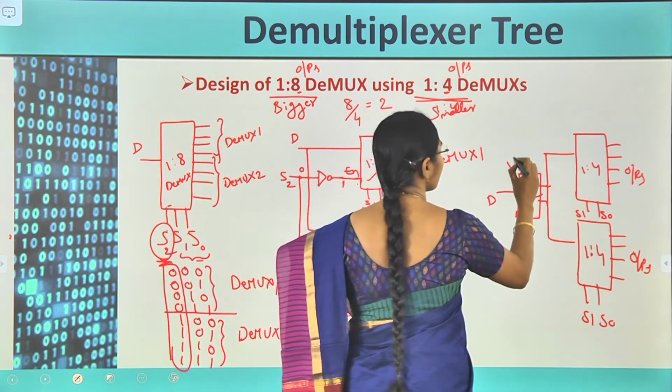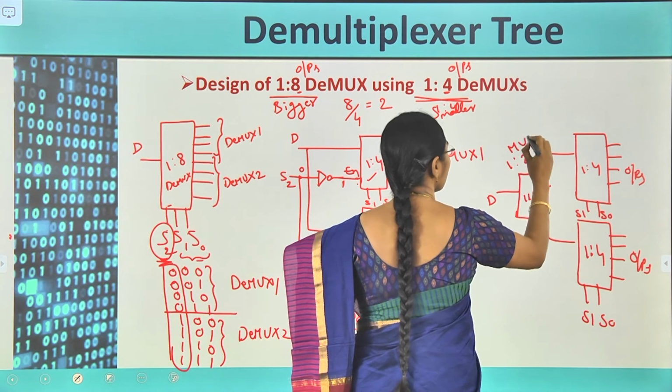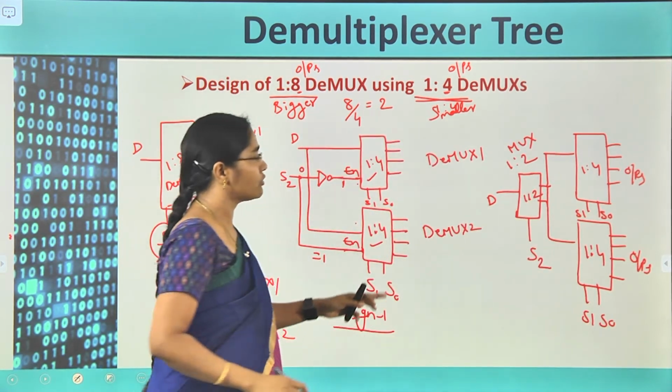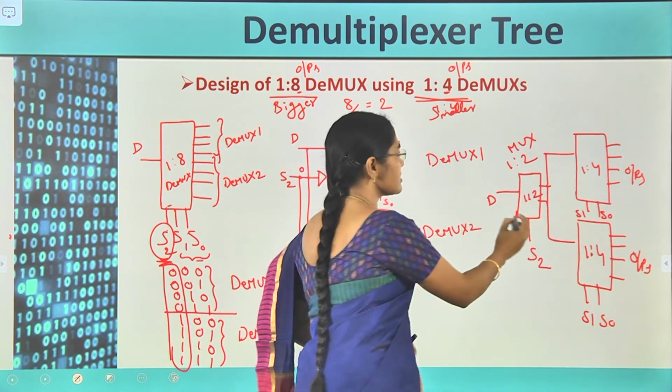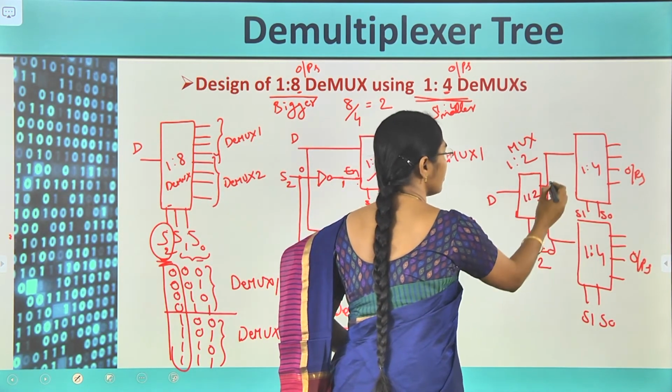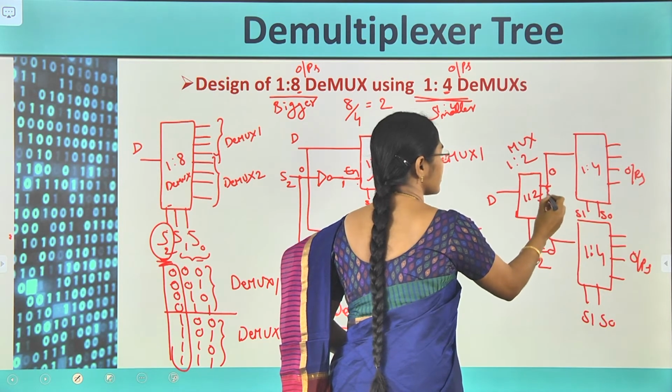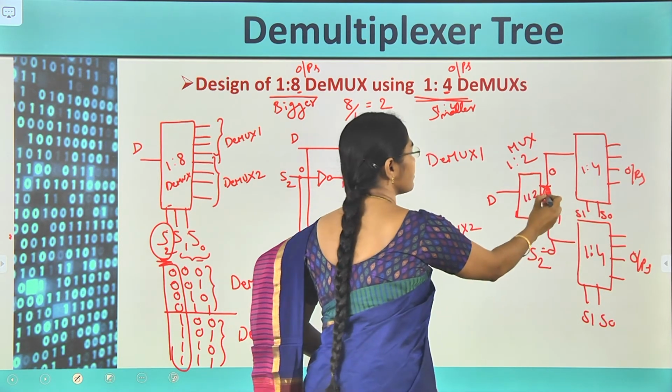So the 1:2 demultiplexer is used with the selection line S2, so that it is connected to this line when S2 is equal to 0, and to this line when S2 is equal to 1. So it should be open here.